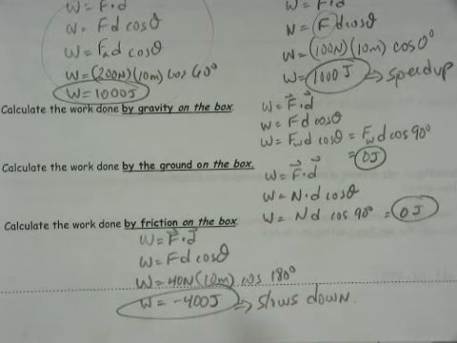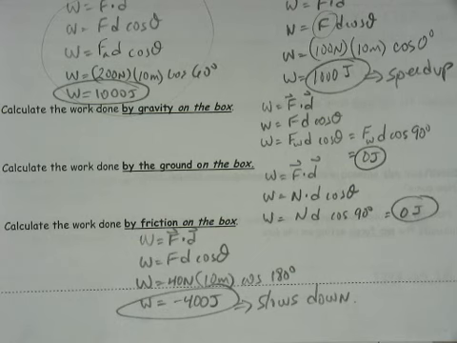It doesn't indicate direction because, remember, work is not a vector. It's a scalar. So since it's a scalar, there's no direction with it. So that positive and that negative have to mean something else. And what it means is it causes the object either to speed up or to slow down.